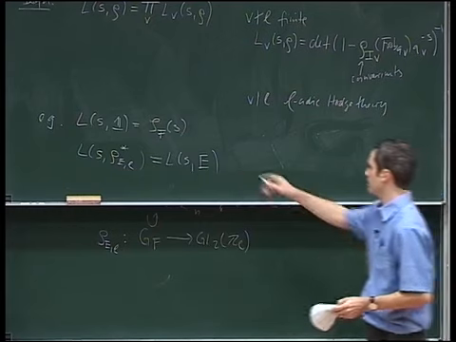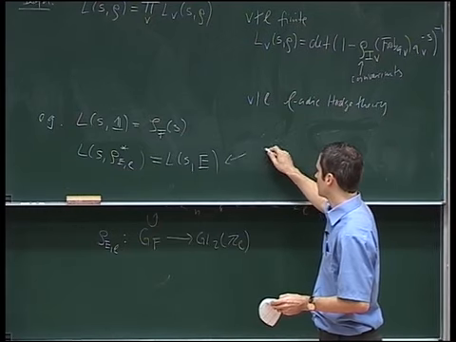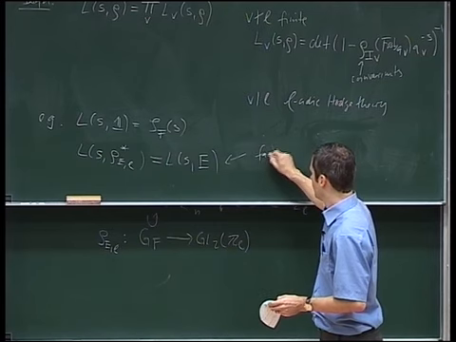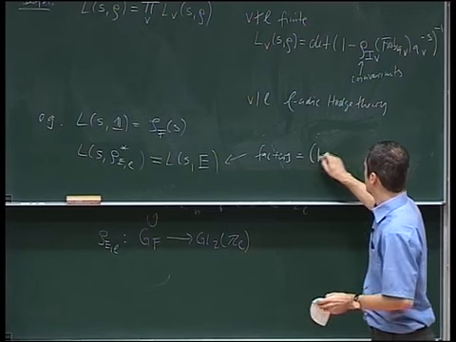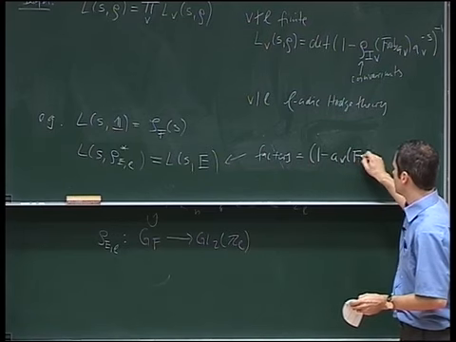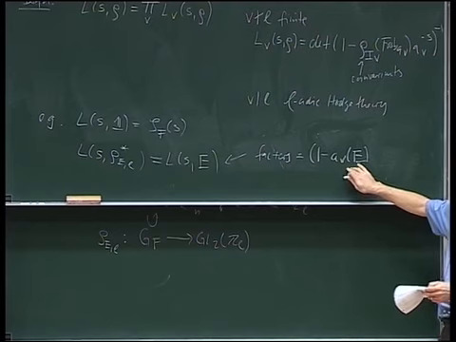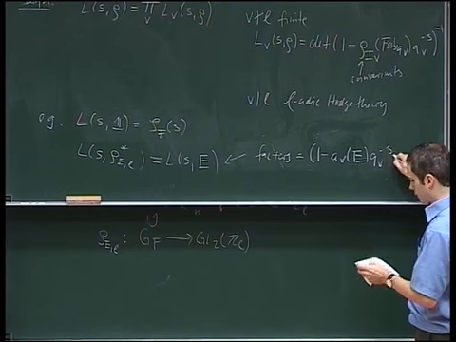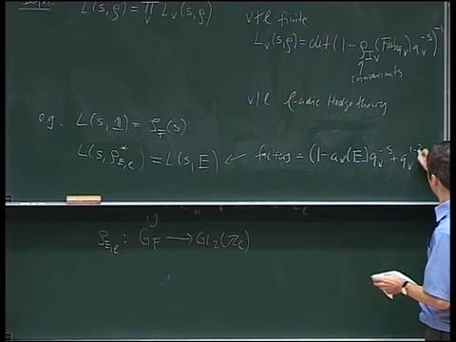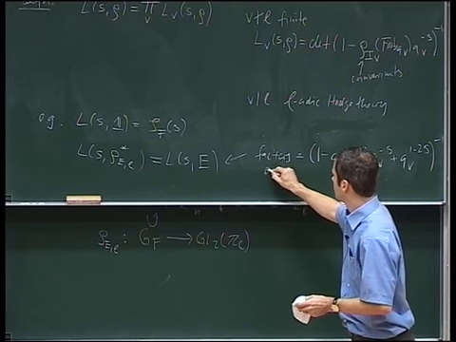So this is the L function whose factors at good places is equal to 1 minus a_v(E), where this is related to the number of points over the residue field at v. At almost all.